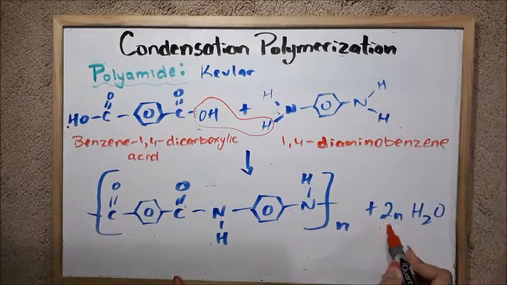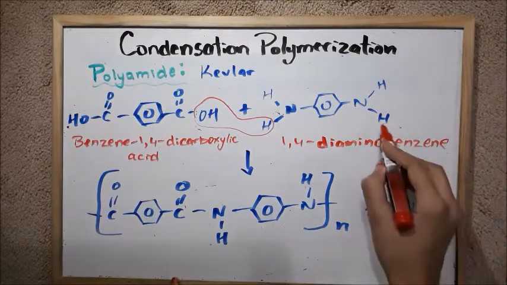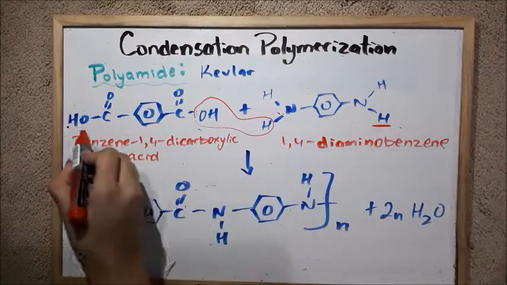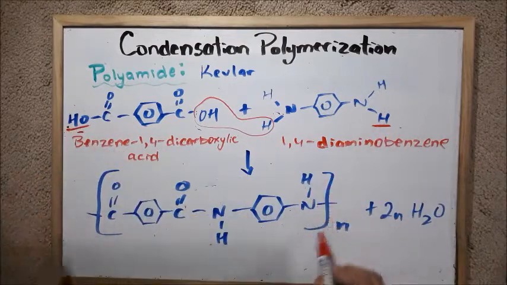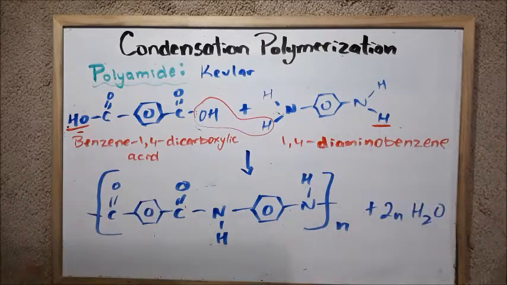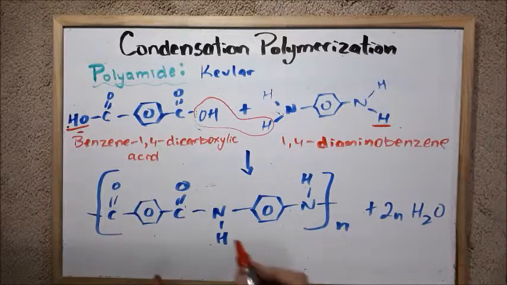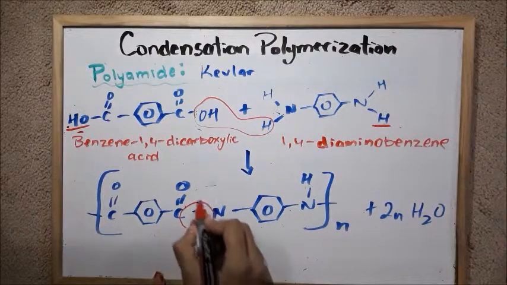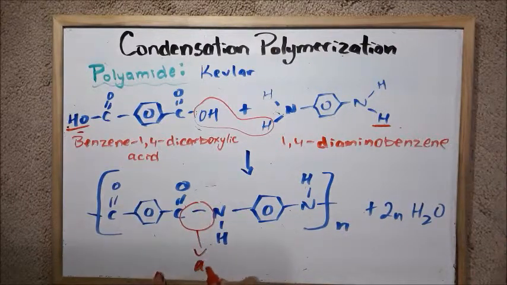And again, just a reminder that this 2n is because we are not showing this hydrogen and this OH in the brackets over here, because that is what connects this unit to the rest of the polymer chain. And since this is a polyamide, this link right here is called an amide link.